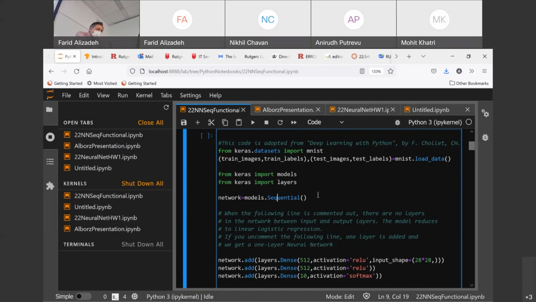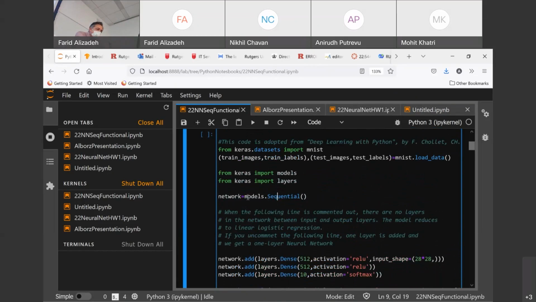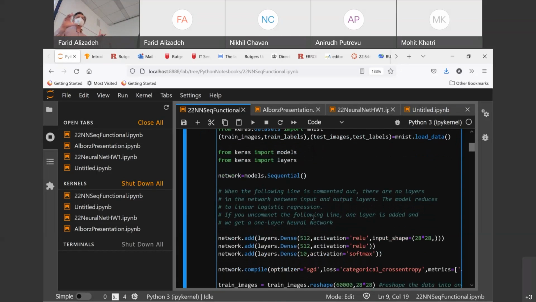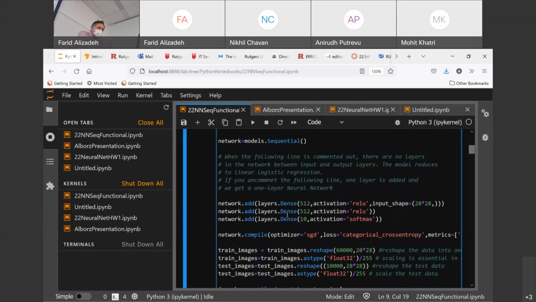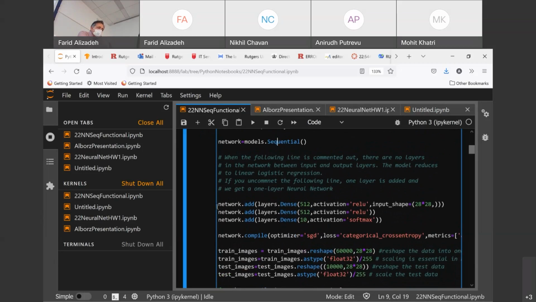Then you will create something called network, which is a Sequential model. So basically you're defining your network, and essentially the first layer needs to know the input, so you are giving the input shape here.